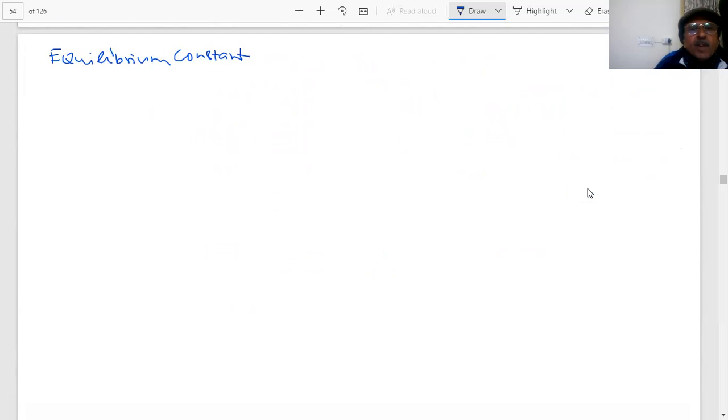Then an important relationship between the equilibrium constant and the value of the E naught cell. This relationship can be obtained by using the Nernst equation. What the Nernst equation is, for any general reaction, we know.